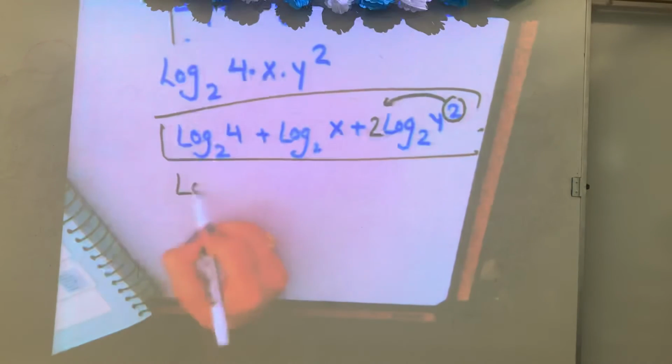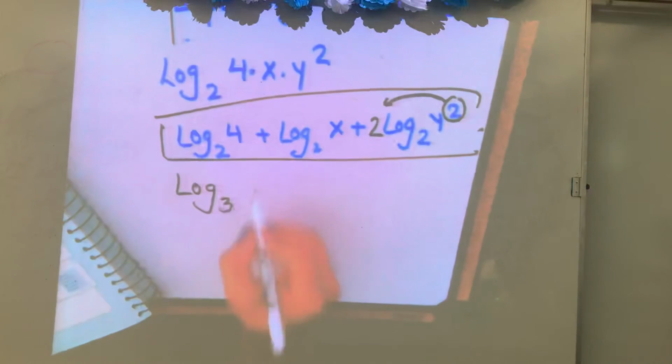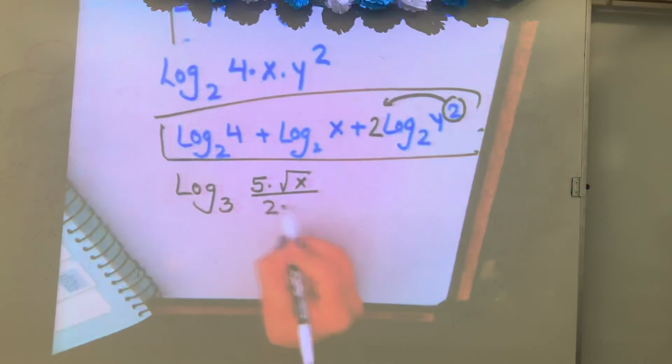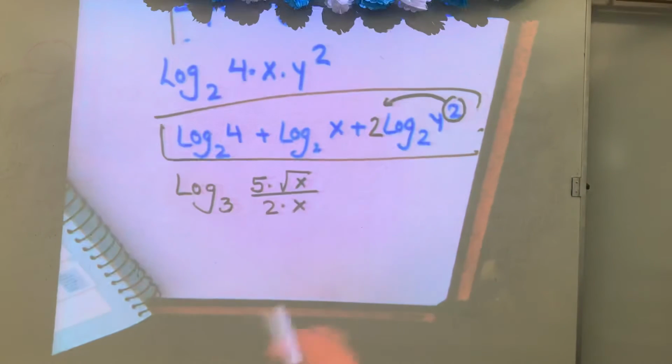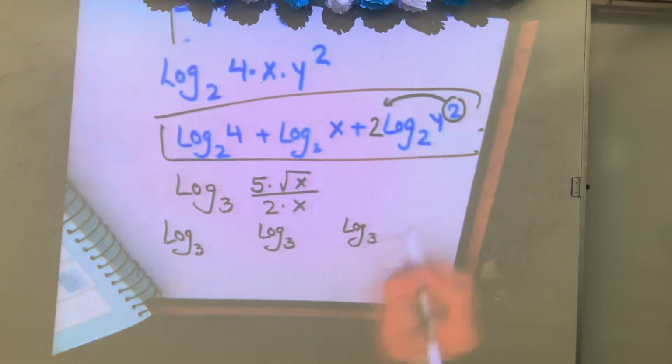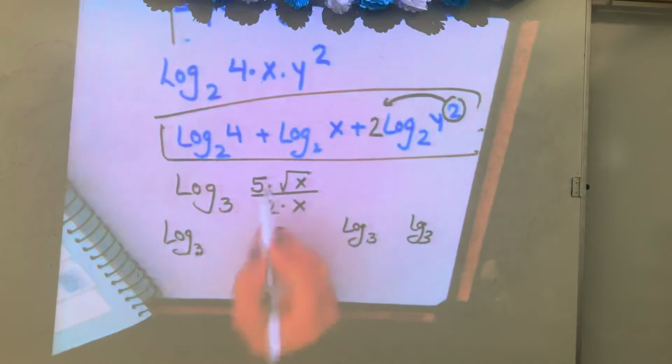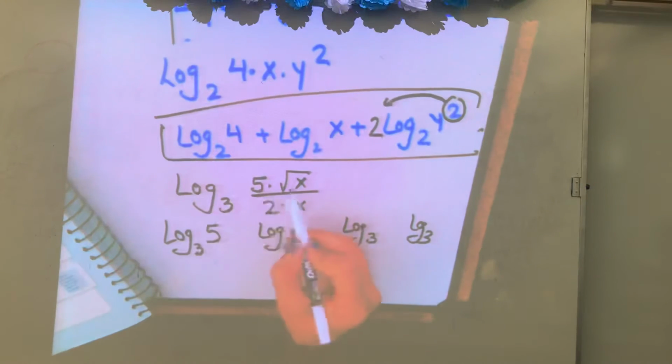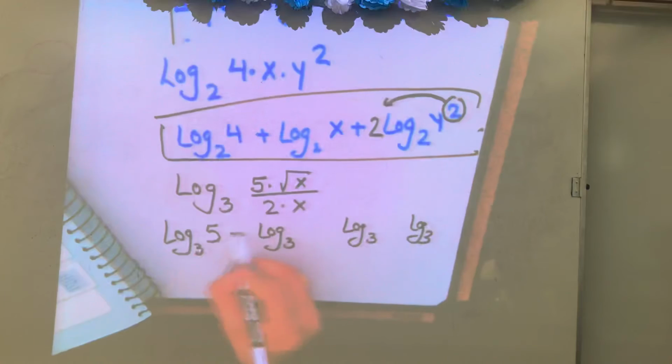Next example. Let's say I have log base 3 of 5 times radical x over 2 times x. First I see how many pieces there are: 5, radical x, 2, and x, a total of 4 pieces. So I would have log base 3 of 4 different pieces. Since 5 is getting multiplied by this, I put a plus.